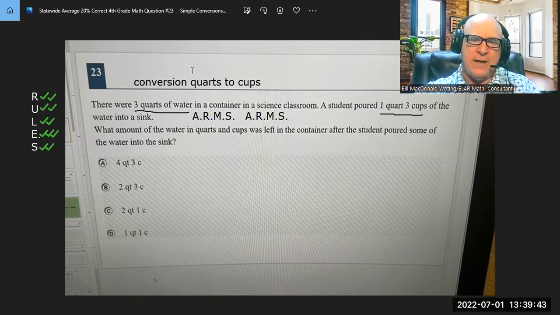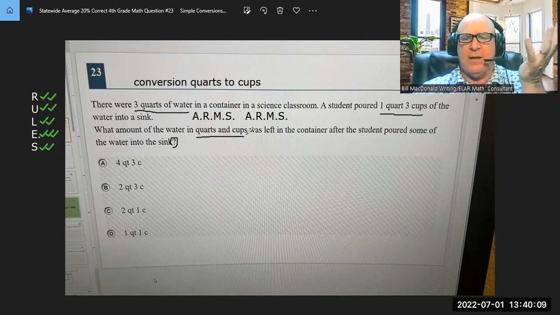So let's go ahead and take a look at the question now. And some kids are going to ask you, Miss, which one's the question? And you'll say, sweetheart, the one with the question mark. All right. So the keywords of the question, every keyword has numbers. So what was the amount of water in quarts and cups?